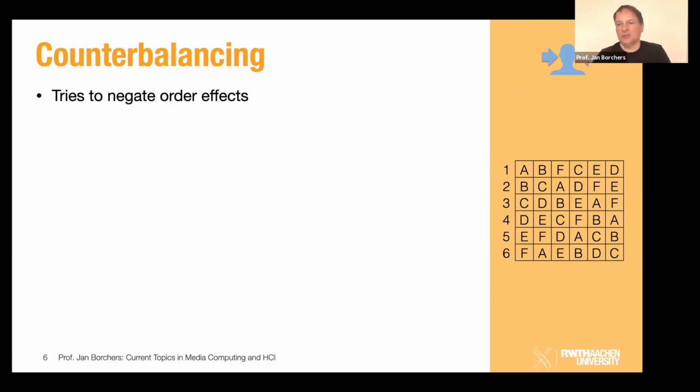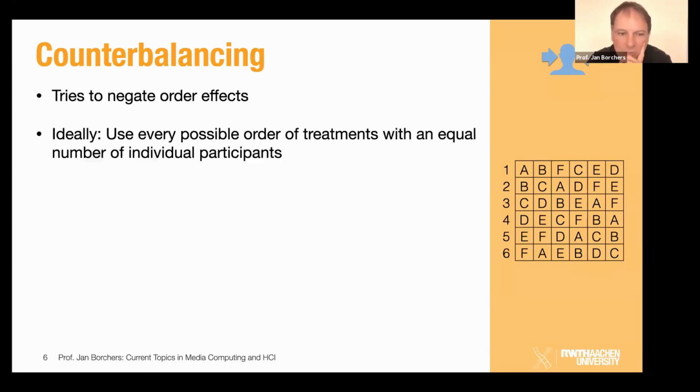Now, ideally, you guys are computer scientists, so you can figure this out. What you would technically have to do is use all possible orders of treatments with an equal number of individual participants. So what I mean by this is we have a within group study. We have, I don't know, 2 different conditions.